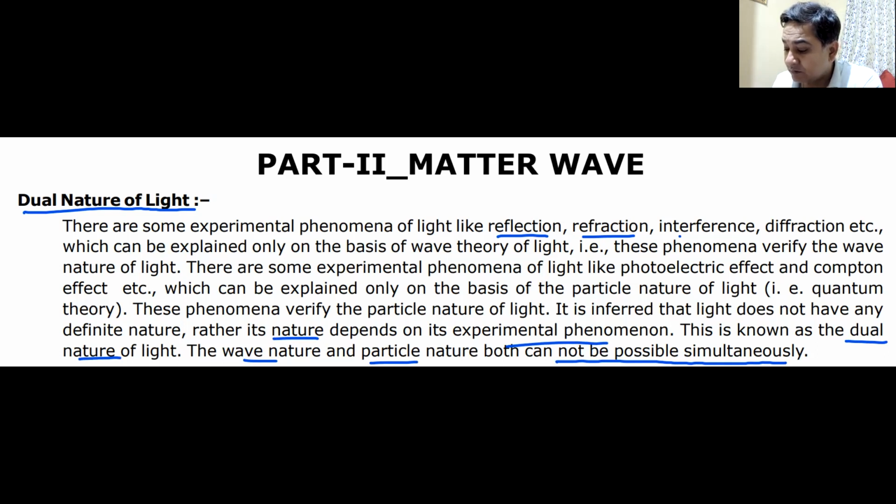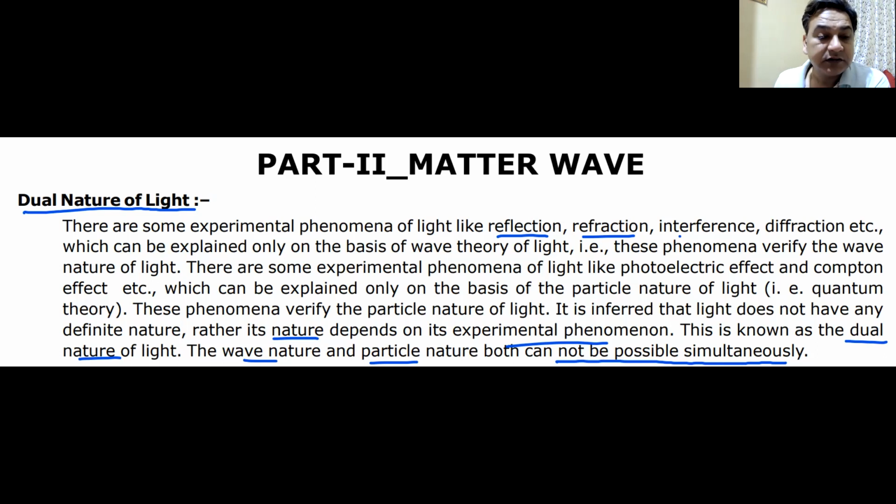Okay. Since we understood that light can have both natures, sometimes behaving as a wave and sometimes as a particle, when it is interference, it behaves as a wave. When it is the photoelectric effect, it behaves as a particle. Can other matter have a similar nature?